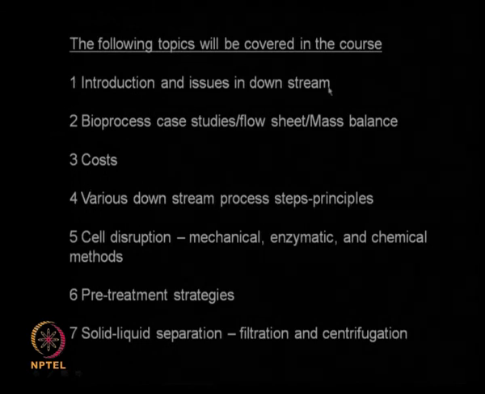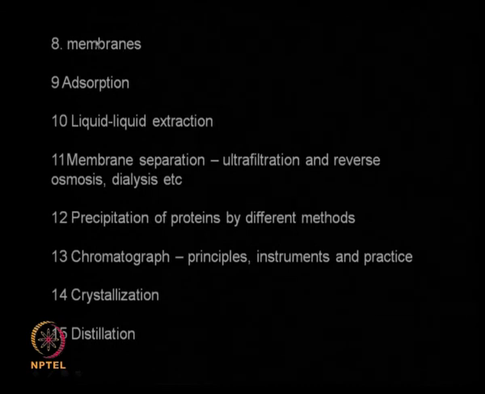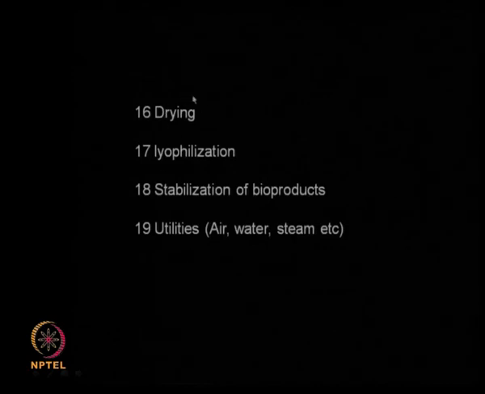All these we talked about, and in the next course of time we are going to get into serious downstream processing equipment or units: cell disruption, pre-treatment strategies, solid liquid separations like filtration and centrifugation, and then membrane based processes, adsorption, liquid extraction, membrane separations, precipitation, chromatography, crystallization, distillation, and then drying, lyophilization, and stabilization of bioproducts.